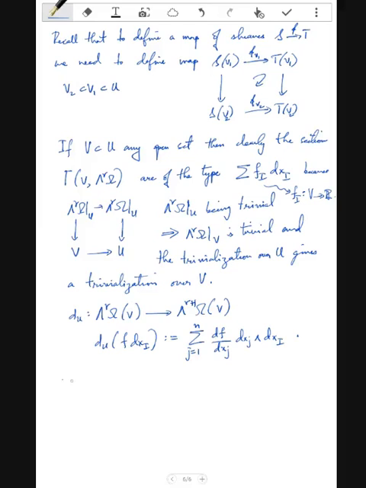So this implies that T sub u is a map of sheaves. We need to check that all these maps glue, but before that, let us check some properties of T sub u.